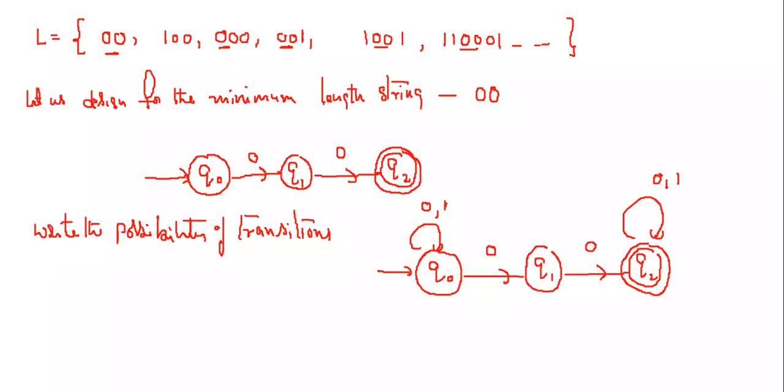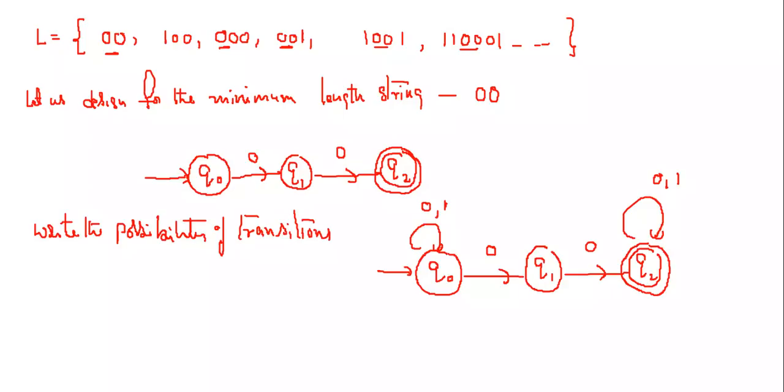So now here I am stopping the design of the NFA. In NFA there is one more point: you are not required to define all the input symbols on all the states. Here I have not defined the input symbol 1 on Q1. And also you can define more than one transition on one input symbol on one state.